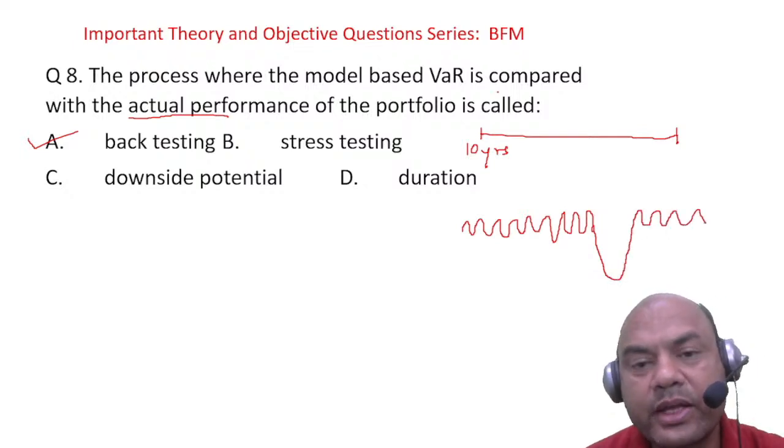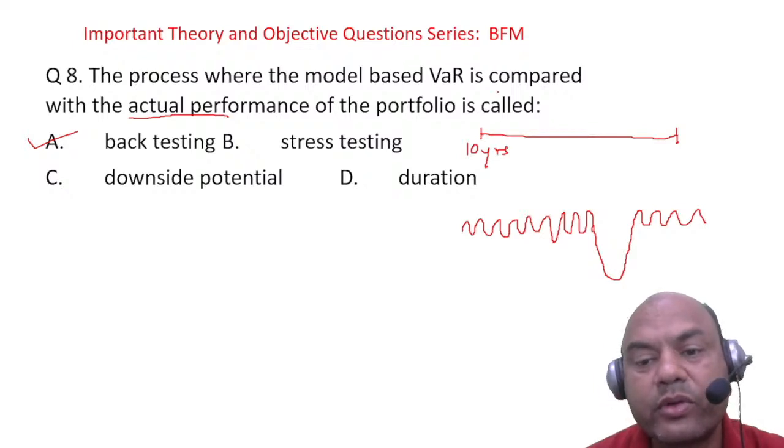If I would have been over here, I would have thought nothing can come like this, and I'll just consider this much VAR. So my historical calculation for back testing was comparing this actual performance over the last 10 years.